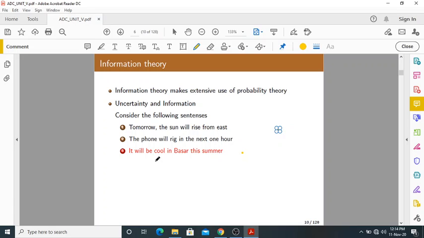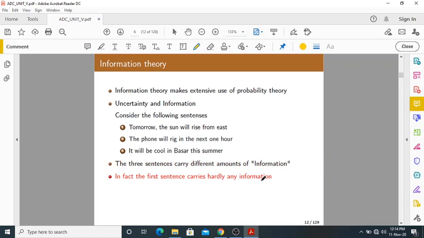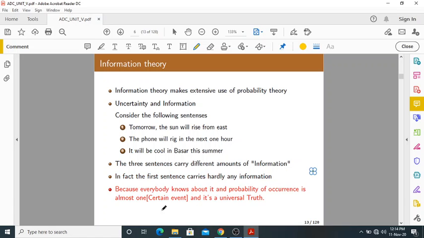Now I have taken these three sentences to say something like that. They contain different amounts of information. In the first sentence, hardly there is any information, which means there is no information at all. The reason is it is a certain event and it is a universal truth.